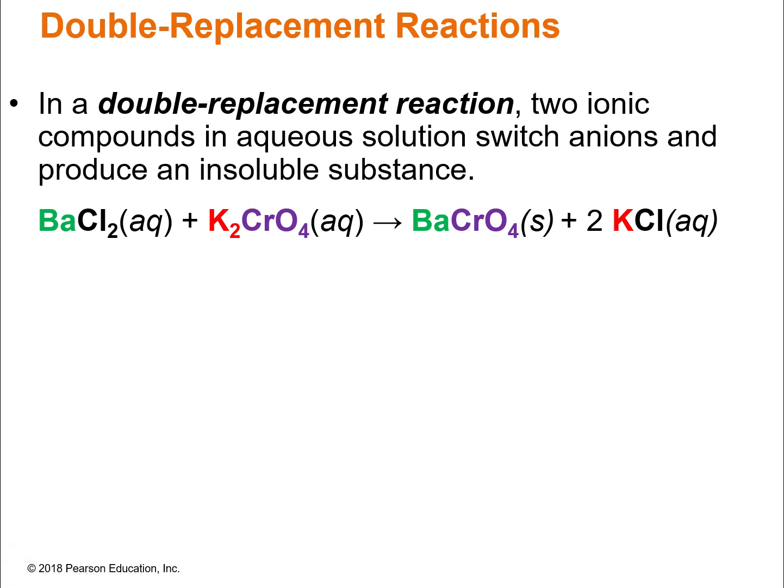We've got barium chloride and potassium chromate, two aqueous solutions. You add one to the other, and you get ion switching. The barium, instead of being with the chloride, is now with the chromate.